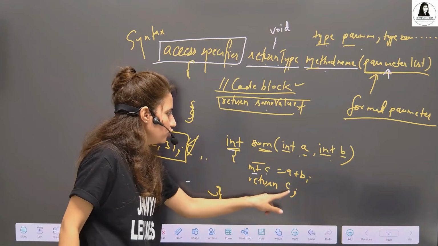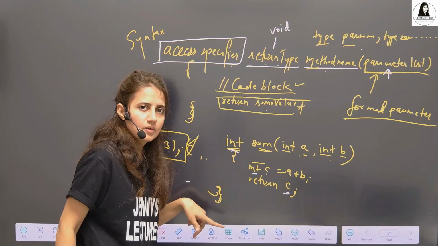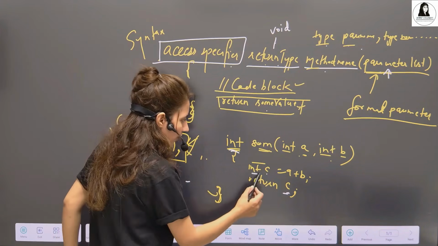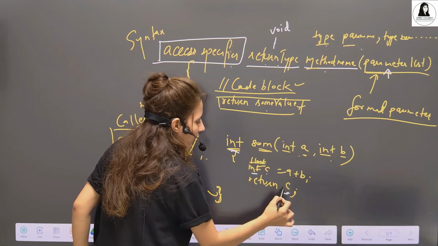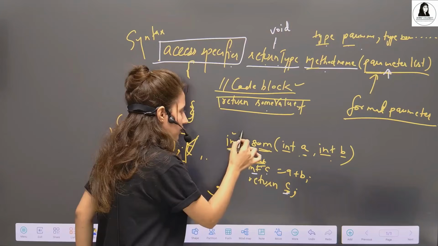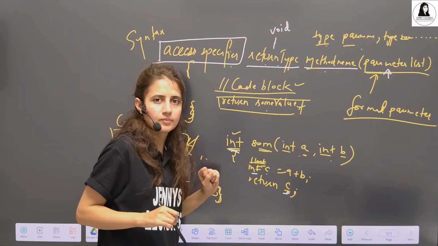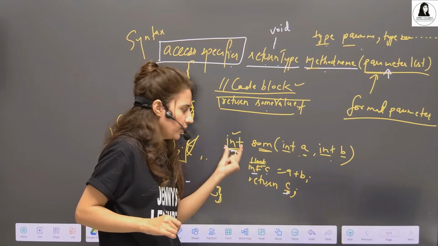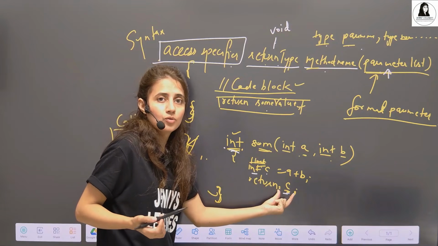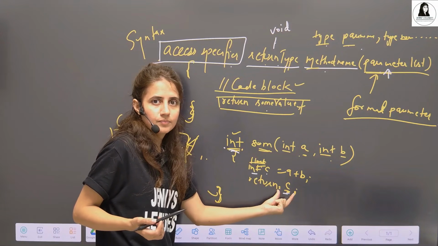So this thing should be compatible. If you write here, suppose we have float, and C is now float, and this is int, it will give you an error, because the method returns an int value, but you are returning a float, that is a greater value, so it will give an error.